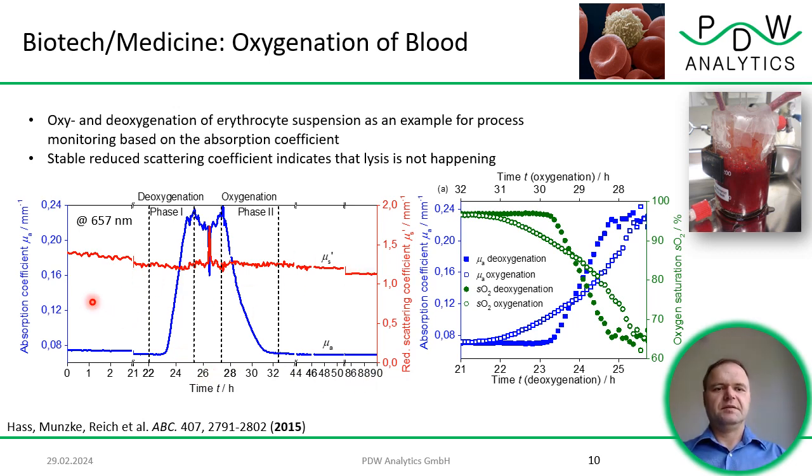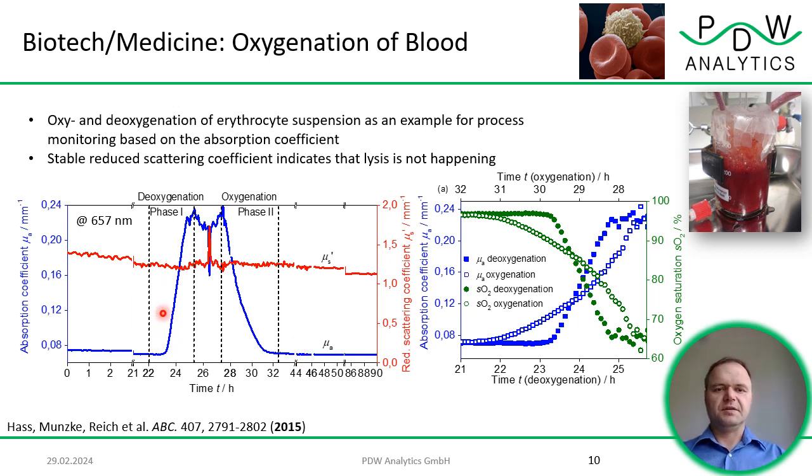But on the contrary, separately to the scattering at the wavelength of 657 nanometers, the absorption coefficient during the phase of the deoxygenation increases strongly and then reduces during the oxygenation phase again.